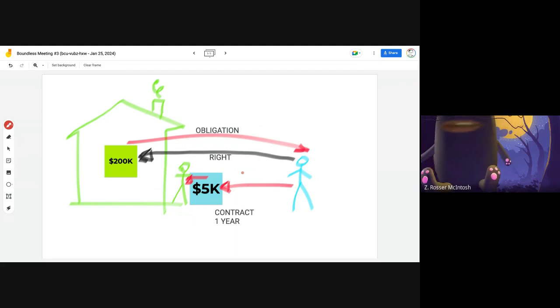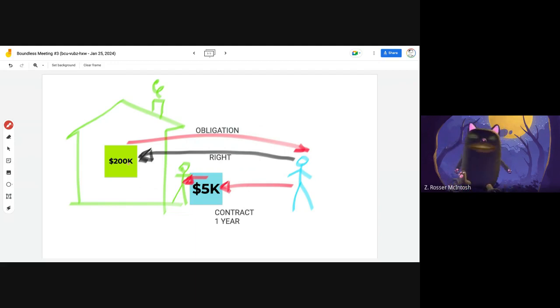So how this would work in a market sense would be if the house is only worth $200,000 and a year goes by and it's still worth $200,000. Well, it wouldn't really at that point make any sense for me to buy the house because the price hasn't changed, unless I decide I want it at that price.